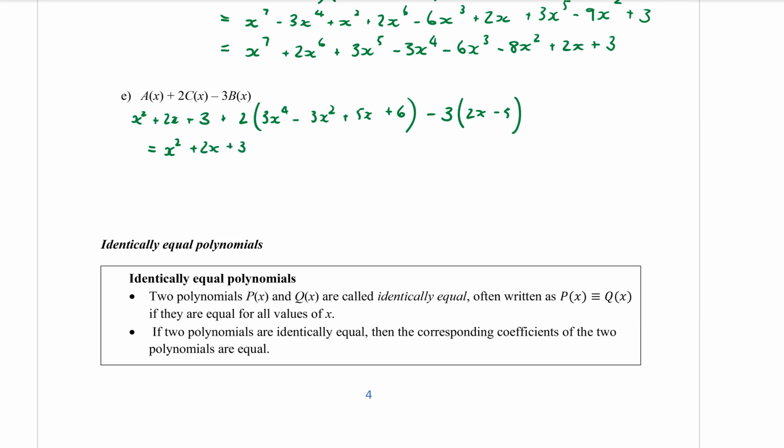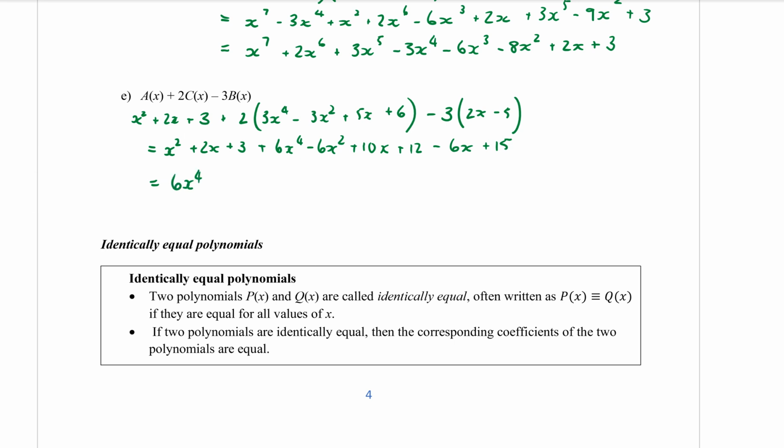It's easier than the last one because we're just timesing by 2 for the first bracket, so that's 6x to the 4 minus 6x squared plus 10x plus 12, and then the next one timesing minus 3 in, so minus 6x plus 15. And then collecting up, starting with the highest power. So the highest power is the x to the 4, so 6x to the 4.